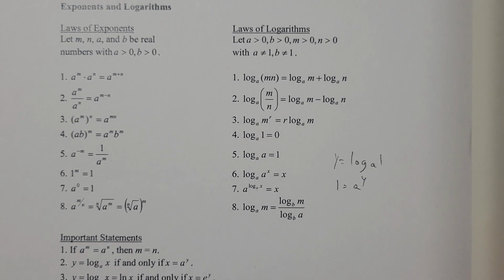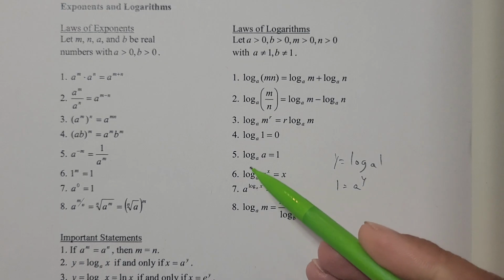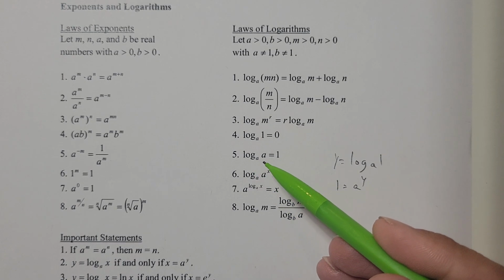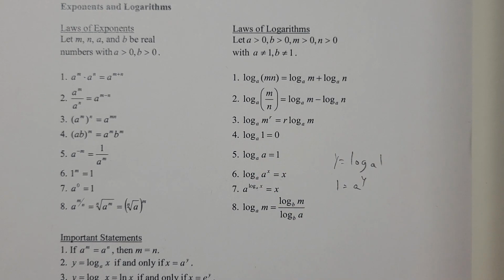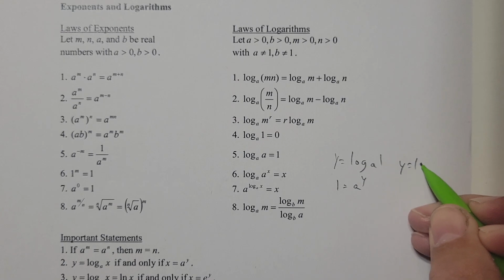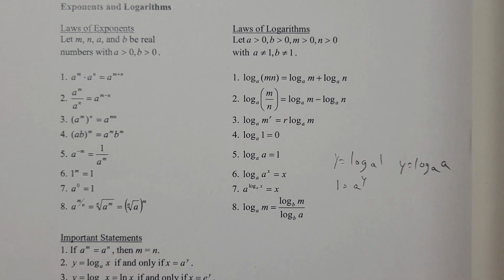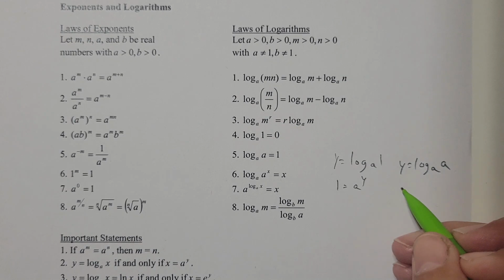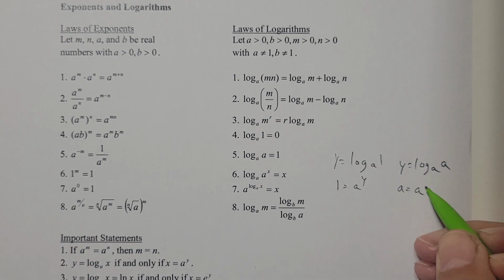Law 5 says that log base a of a is 1. So if the base and the input number are the same, you always get 1. Okay, maybe just to see where that's coming from, we got y equals log base a of a. And use the definition of a logarithm, x equals a to the y. So the x value is a, the base is a, to the y.